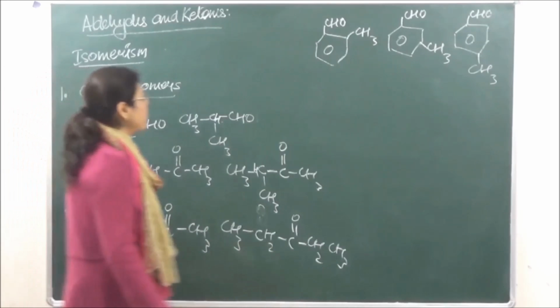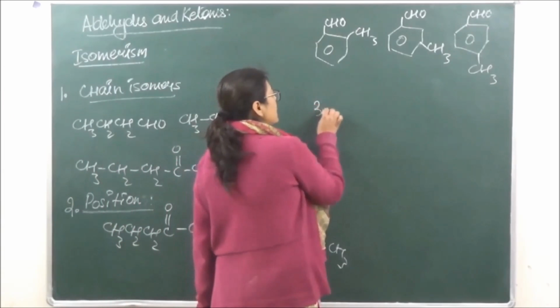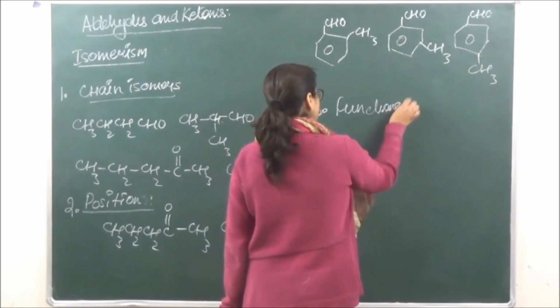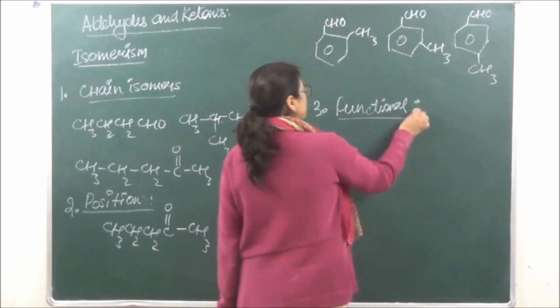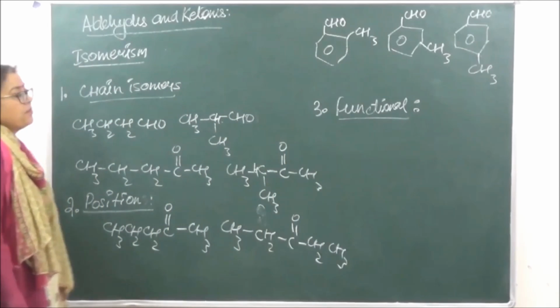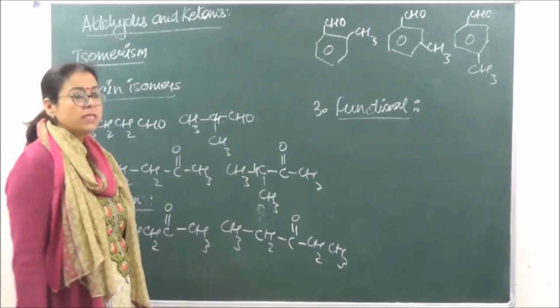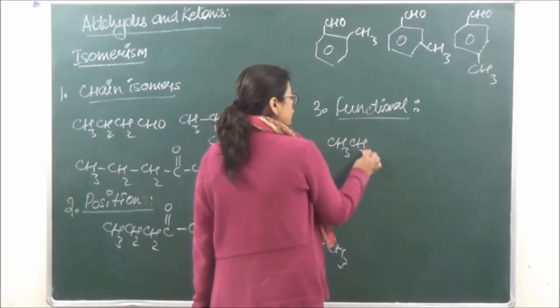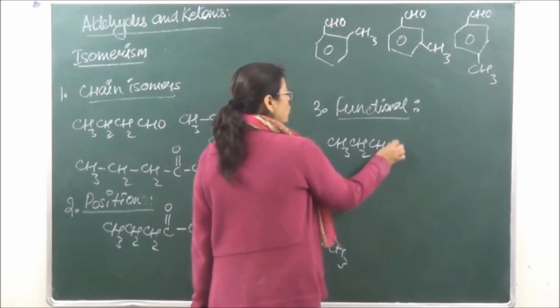Then the third type of isomerism which it shows, that is functional isomerism. Functional isomerism में we just said that aldehydes and ketones, they are functional isomers of each other. So we have CH3, CH2, CHO.